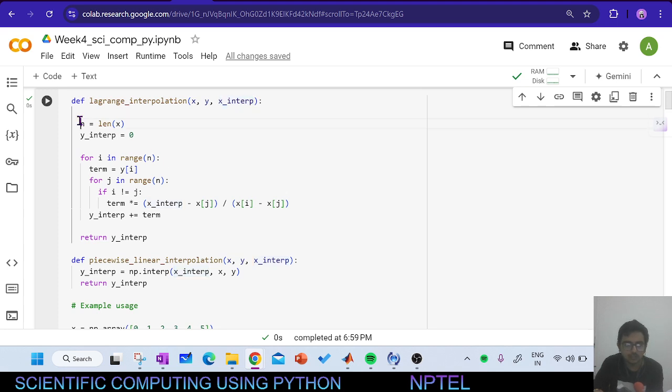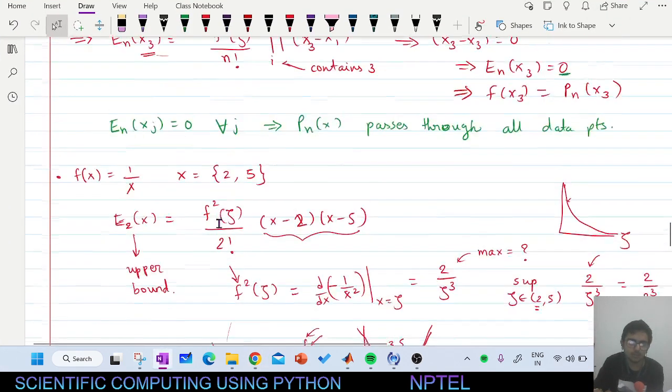So first we define n to be the length of x, the number of data points, and we want to find the value of interpolated y. We start from calling it 0, and then we start adding. For i in range n, this is the sum over i. Now we want to compute li. li itself is a product of some terms, right? So we start by calling the term yi, because at the end it's going to be multiplied by yi. Let me show you the formula.